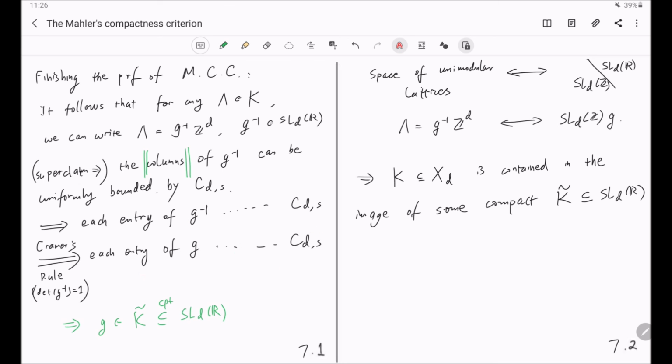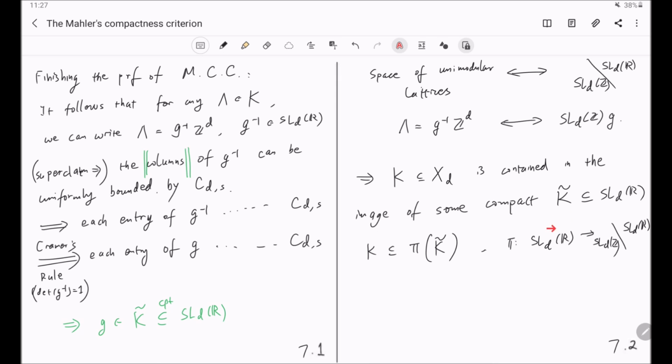Because this bound is uniform, we have that K is contained in the image of some compact subset, the same compact subset in here. Namely, K is contained in pi of K tilde, where pi is from SL_d(R) to this quotient SL_d(R) mod SL_d(Z).